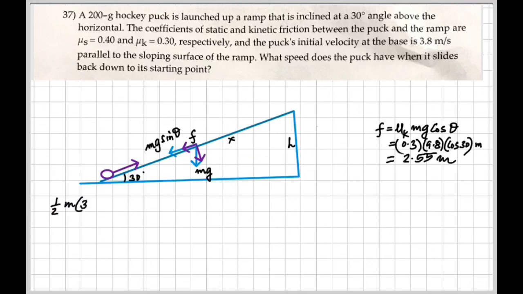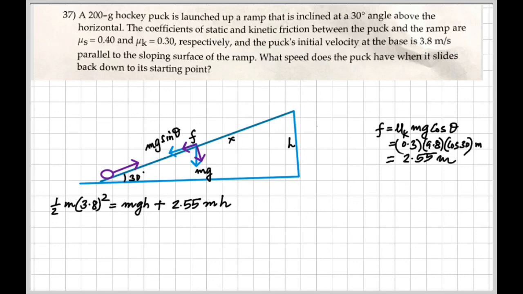The initial kinetic energy is 1/2 times mass times velocity squared. That's equal to potential energy at the top, mgh, plus the work done against friction, which is force multiplied by distance.